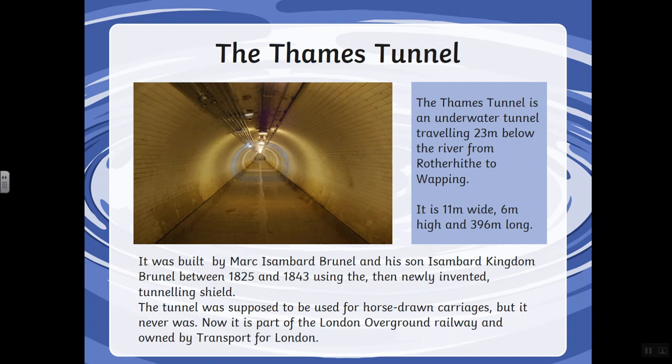It was built by Marc Isambard Brunel and his son Isambard Kingdom Brunel between 1825 and 1843, using the then newly invented tunnelling shield. The tunnel was supposed to be used for horse-drawn carriages, but it never was. Now it's part of the London Overground Railway and owned by Transport for London.